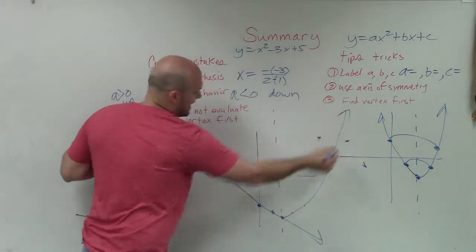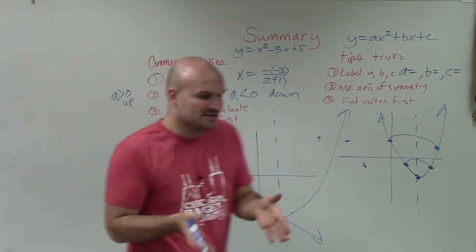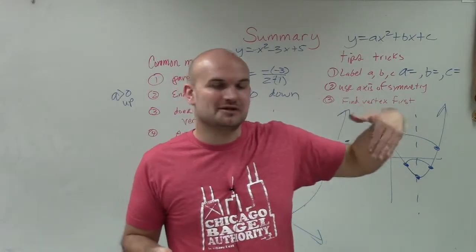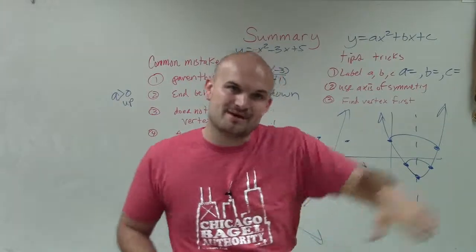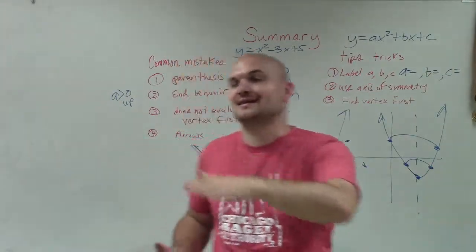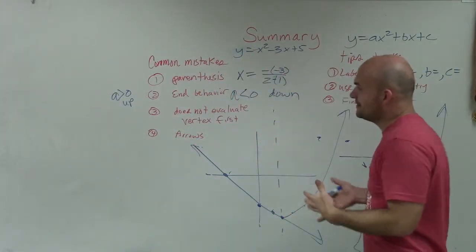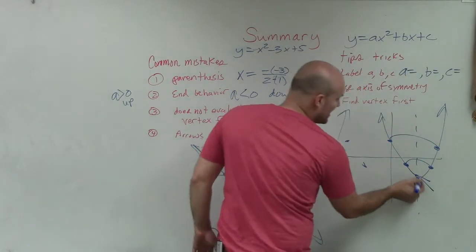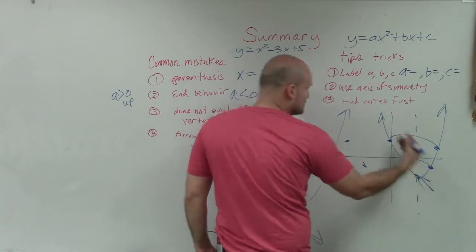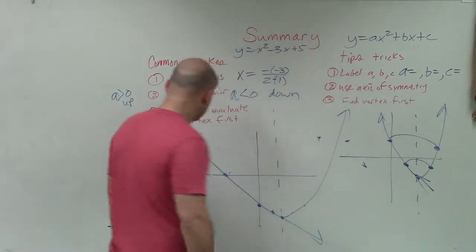And actually, then I do have a parabola. But if you just pick points on one side and you don't find the axis of symmetry or where the vertex is, you're just going to connect those and make a curvy line kind of thing and not actually produce a parabola. So it's very important to find the vertex first. Find the vertex and axis of symmetry, then pick two points to the left or to the right.